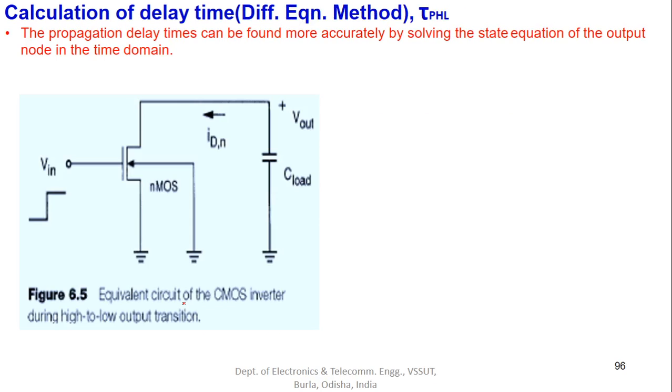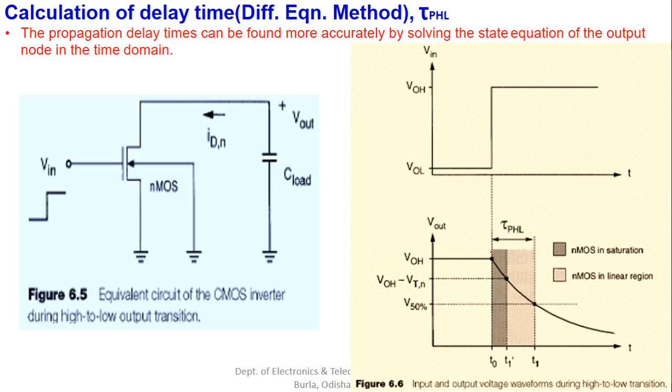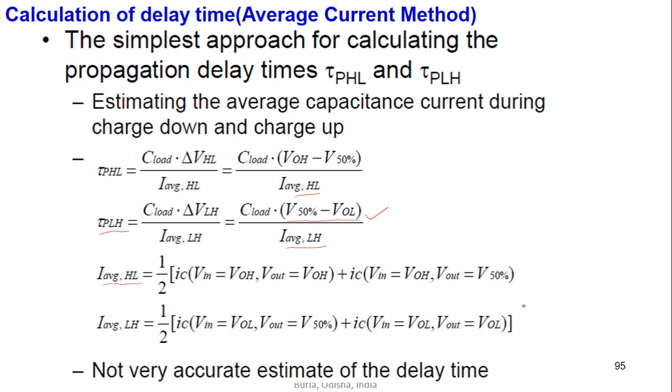For example, when output falls from VOH to V50%, take the value of current at this point and the value of current at this point. Finding these two extreme currents and taking their average gives us an approximate value for the average current.